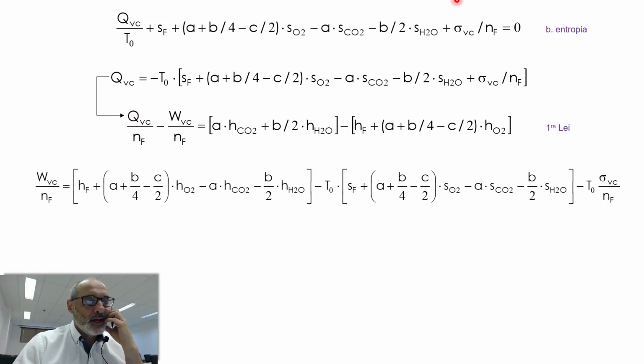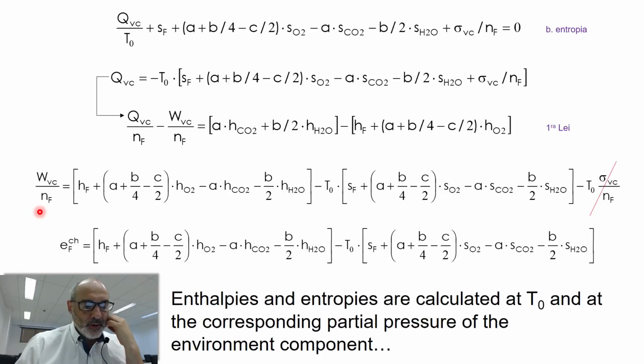So this is still the first law, but the heat I'm calculating from the entropy inventory. Now I'm going to rearrange some terms, and also I'm going to cancel the entropy generation term. Why is this?